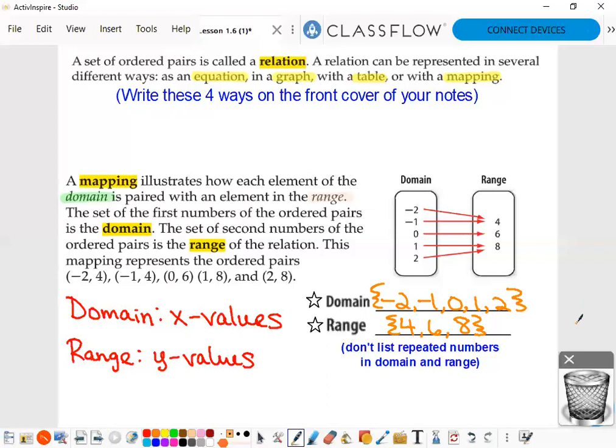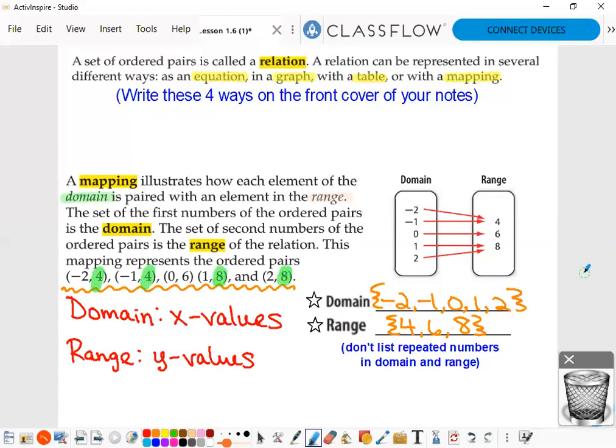Now there's one note here just to pay attention to. It says don't list repeated numbers in domain and range. So what that's talking about is if we go back to our list of ordered pairs, if we're focusing on that instead, I'm seeing, for example, in my range, I see 2 4s showing up, and I also see 2 8s.